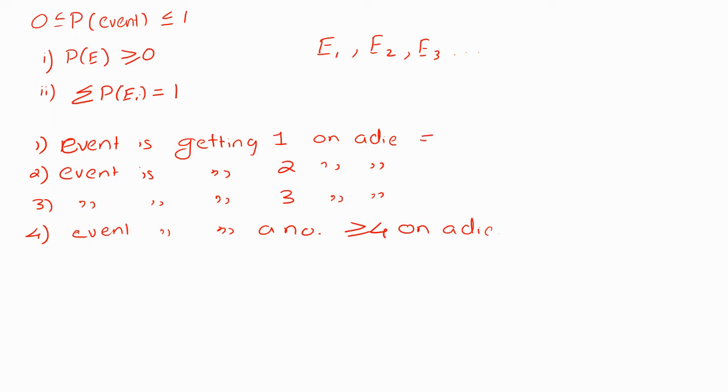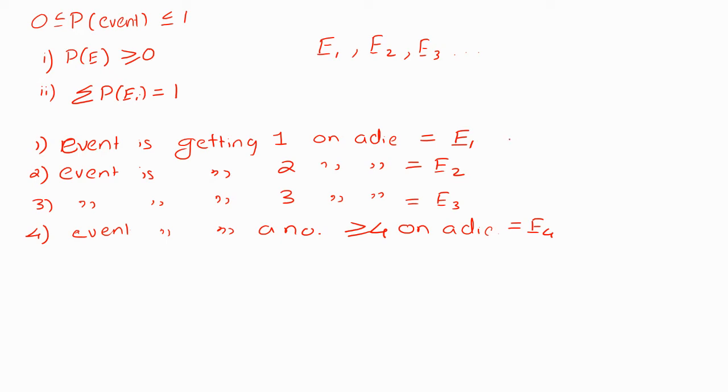Now these are independent events, and they are not going to affect each other. This is E1, this is E2, this is E3, and this is E4.